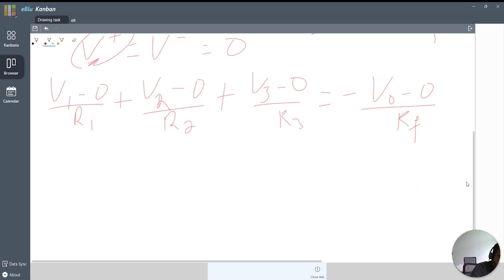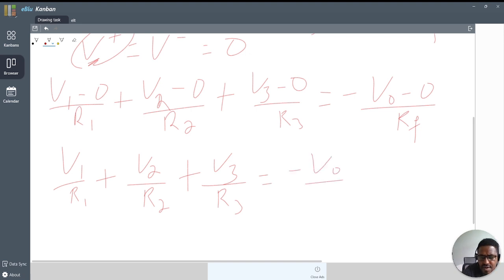So our result becomes V1 over R1 plus V2 over R2 plus V3 over R3 equals minus V out over RF.